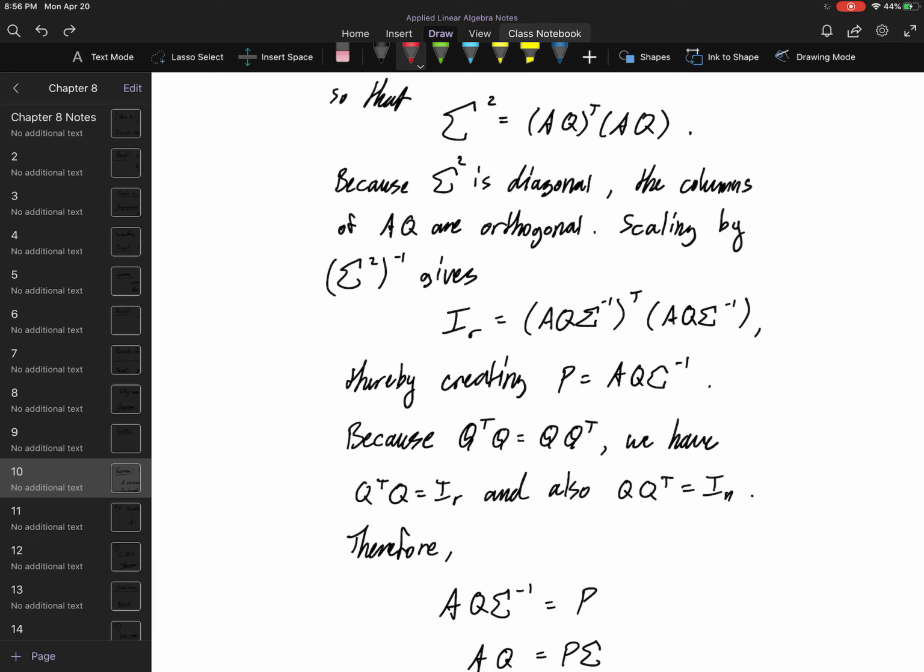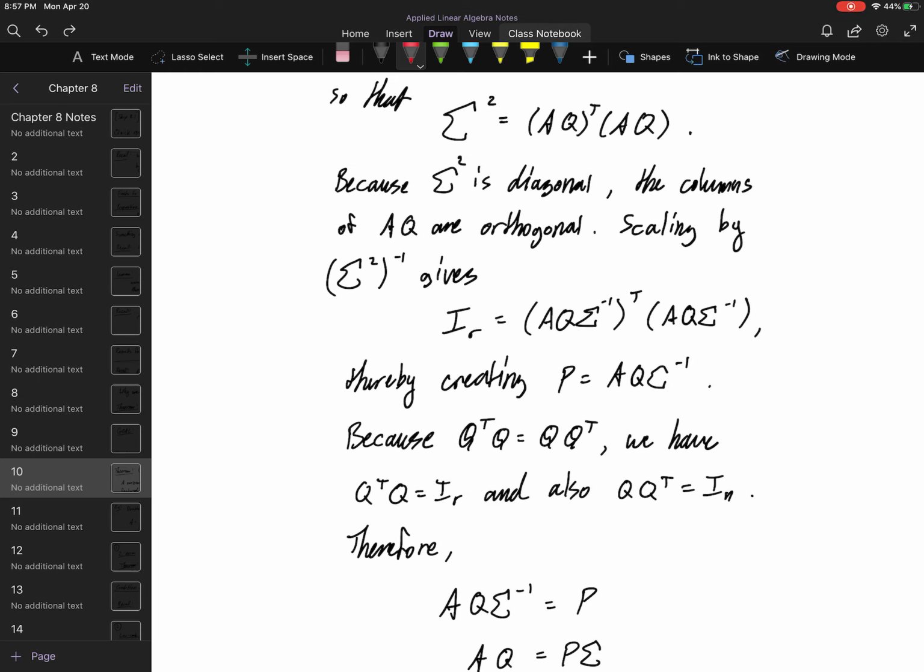So because this sigma squared is diagonal, the columns of A times Q have to be orthogonal, right? It's not orthonormal, but all the off-diagonal entries of sigma squared are telling me that the Euclidean dot products between the columns of A times Q must be 0. So the only place where they're non-zero is on the diagonal. So this is an orthogonal set of vectors that make up the columns of A times Q.